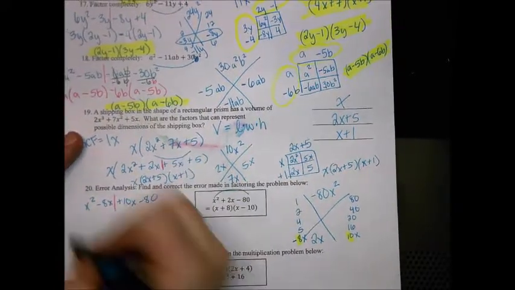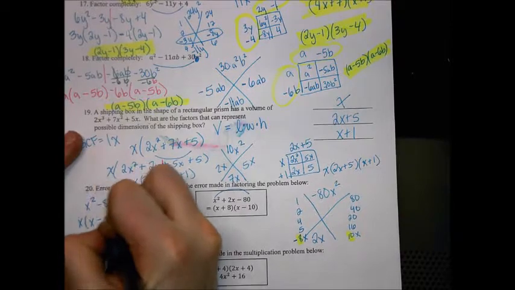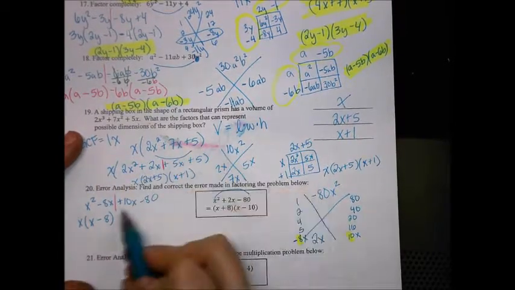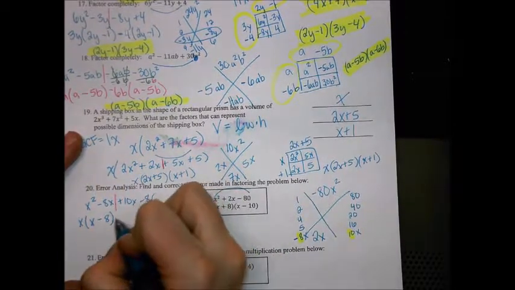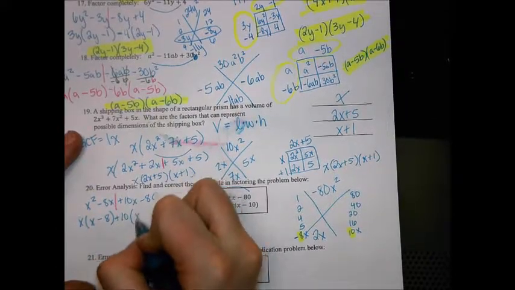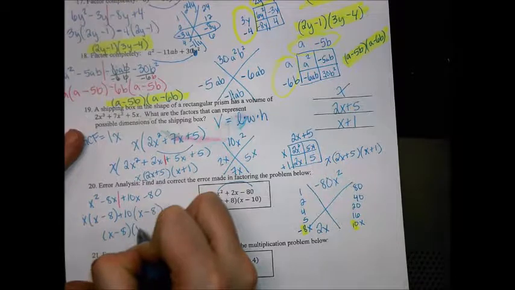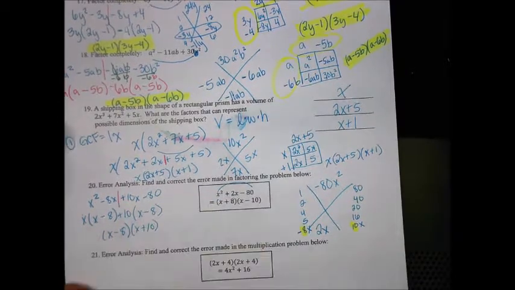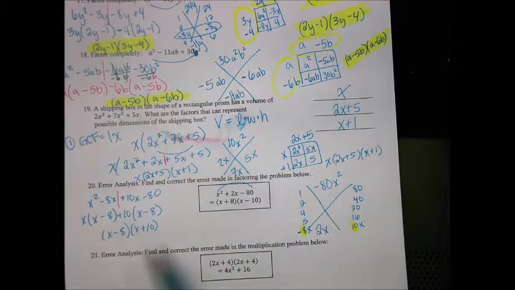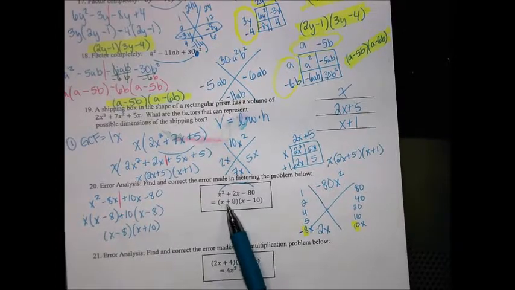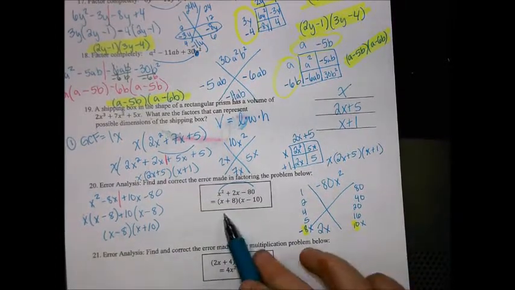My greatest common factor is x, and I'm left with x minus 8. My greatest common factor here is 10, and I'm left with x minus 8 again. So x minus 8 and x plus 10 is my solution.